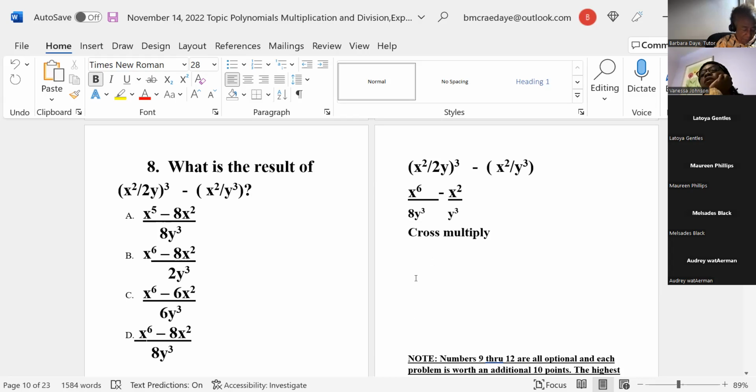It would just be x to the second. Well, we go on times and then minus, so it'll be x to the 6. X to the 6? Yeah, because we multiplied x to the 6 times y to the third, right? X to the 6 times y to the third.